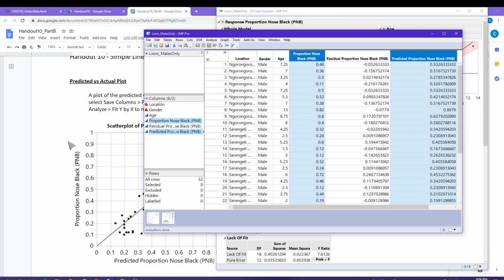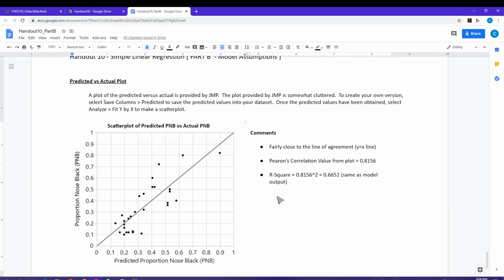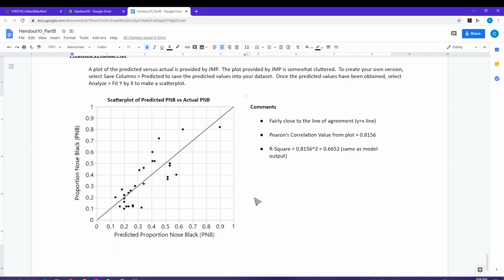That's what this is right here, a scatter plot of the predicted percent nose black against the actual nose black. If your predictions are doing well, they're going to fall real close to this line. If they're not doing very well, they're going to fall off of this line.